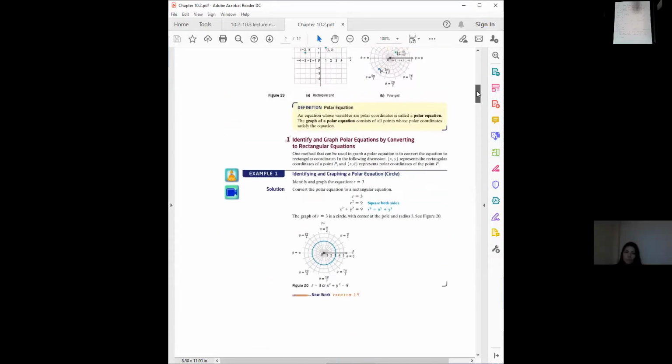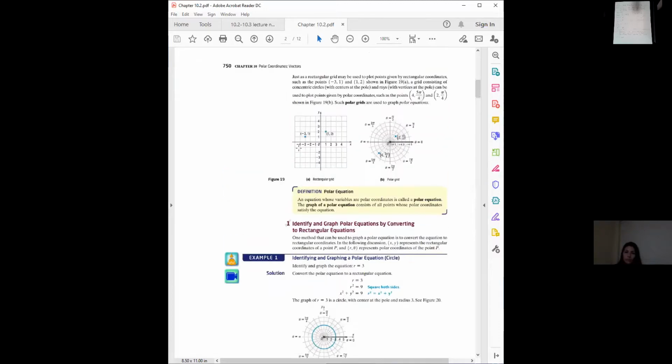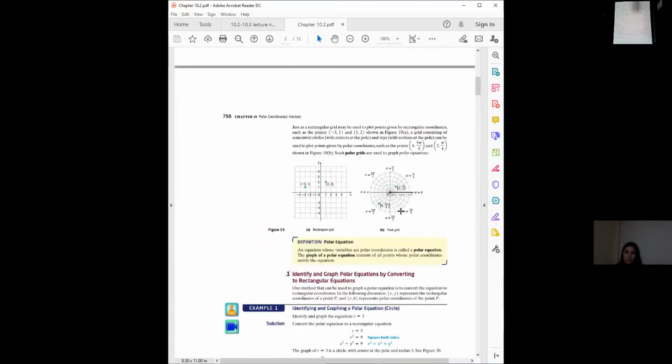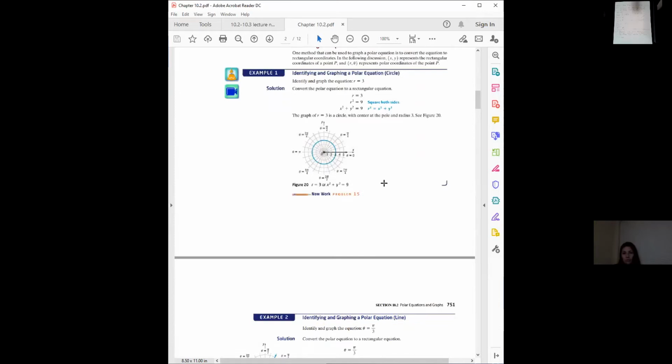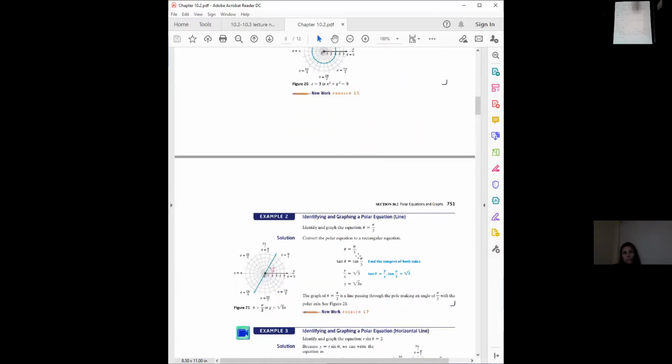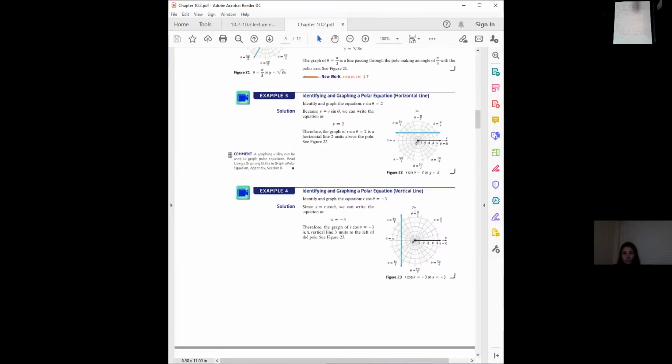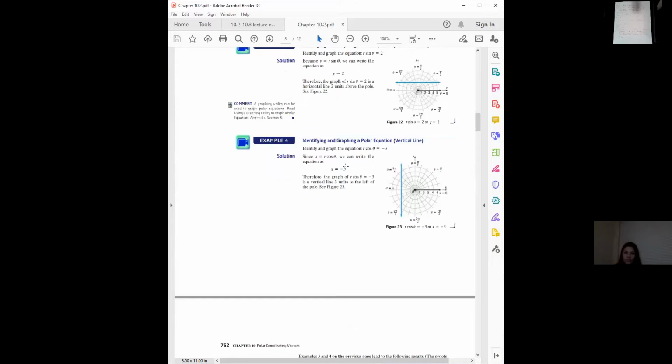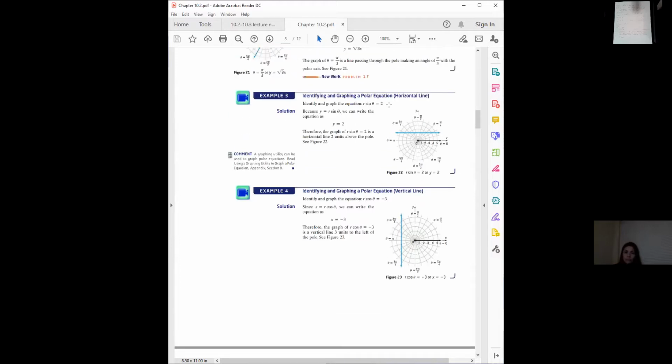Okay, so it should be one of these. We kind of mentioned this before. R equal to 3 was a circle of radius 3, right? But when you have theta equal to an angle, that will be a straight line, which is what we did just now. But R cosine theta equal to some number is going to be a vertical line. R sine theta equal to some number would be the horizontal.